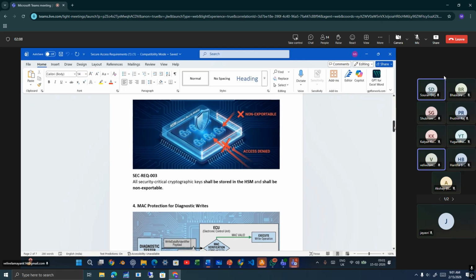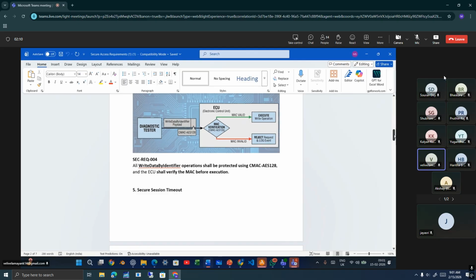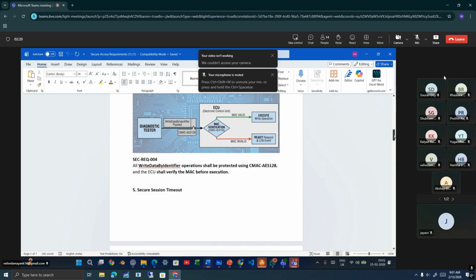That means you are writing the keys, right? Then the fifth requirement is saying secure session timeout. What is meant by secure session timeout? Within the secure session only, a key has to be exchanged.